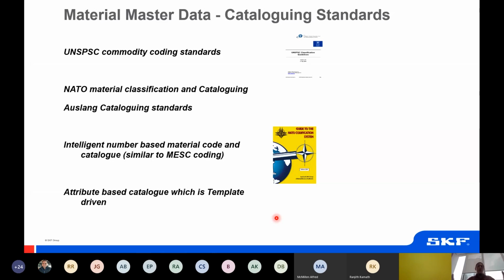Even though NATO has its own standard, usually in the military, and then something quite famous in petrochemical or oil and gas is Shell coding, the material equipment standard code. And then the last one is the attribute based catalog, which is template driven. So instead of item code driven, we go for template driven.